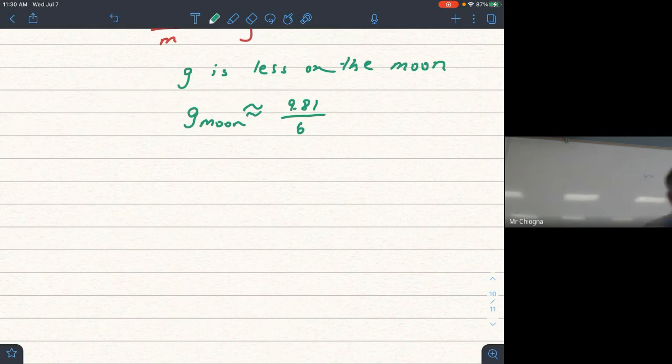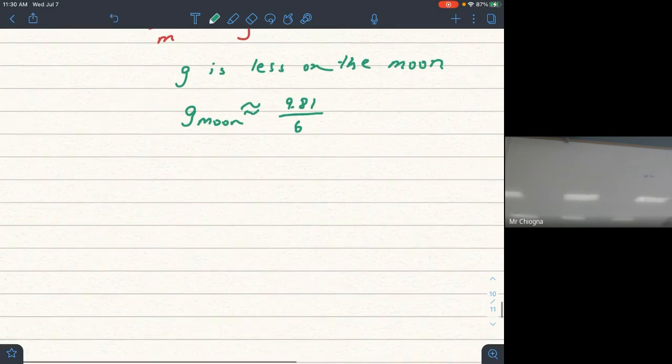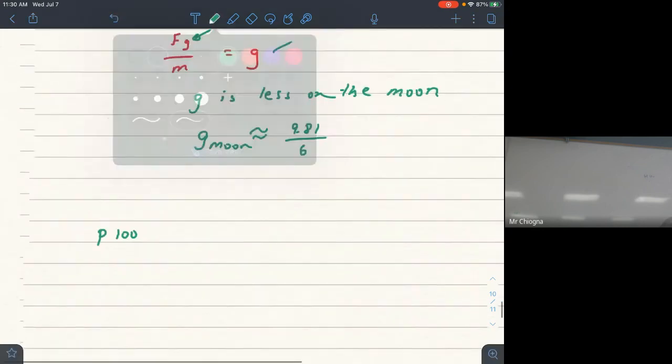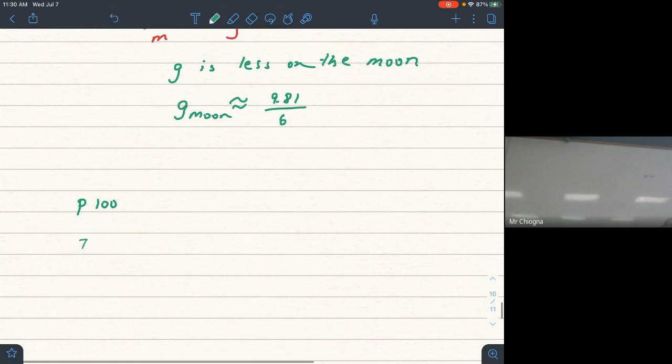Okay, so page 100, number 7. Just read it carefully to yourself here.